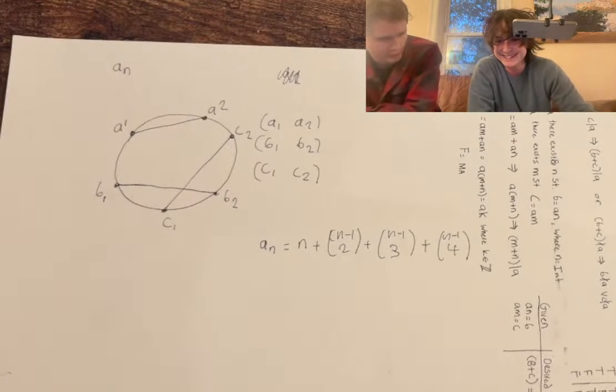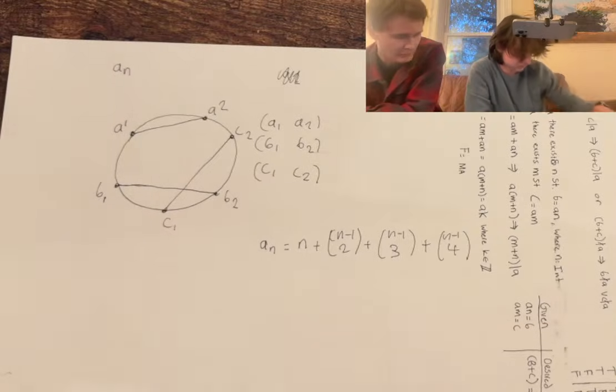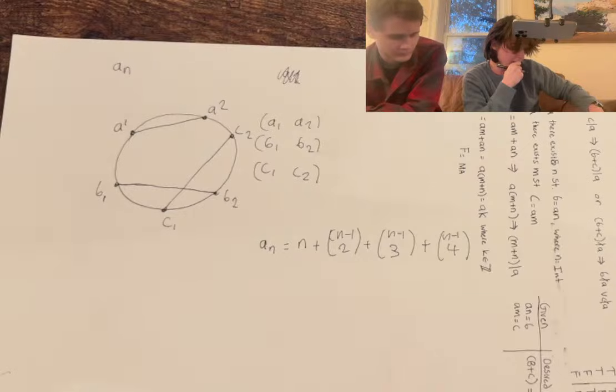So they say in the problem, draw diagrams for a sub n where n is less than or equal to 6. I feel like n has to be at least 6, and they put that backwards in the problem. To find a to the n for n less than or equal to 6.